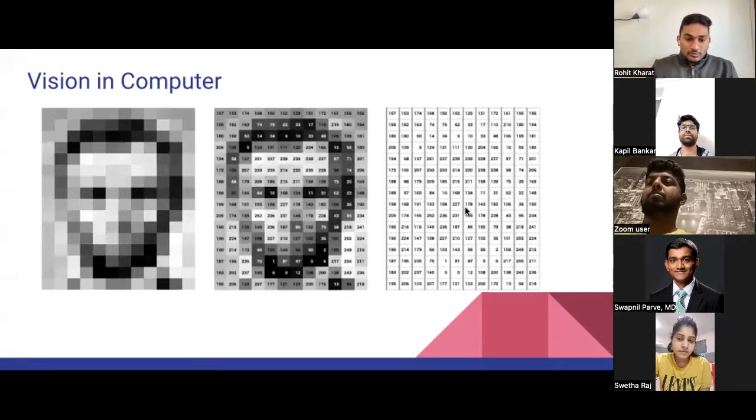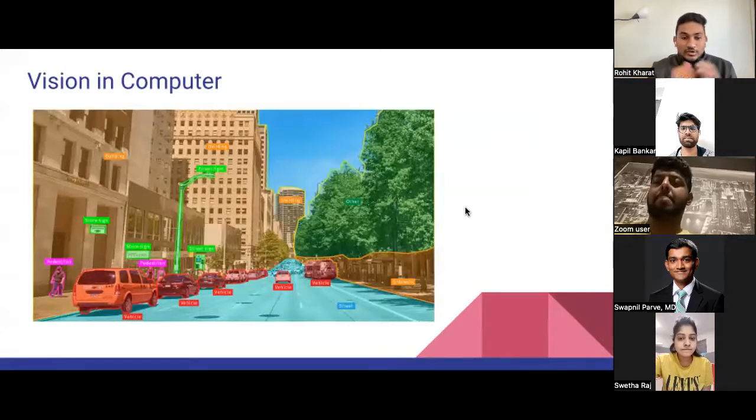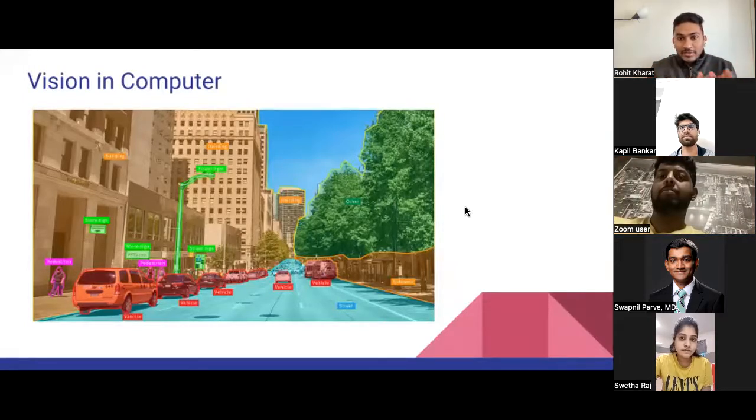And so moving forward, how algorithms have been developed in computer vision. For artificial intelligence or for computer vision systems, the task is to understand the objects in the image or identify the scene in the image.